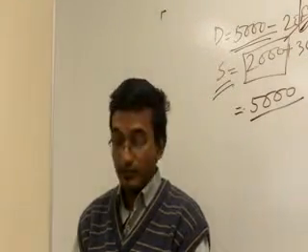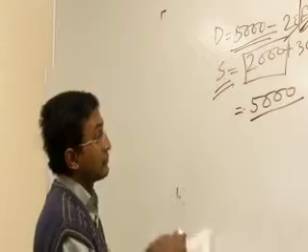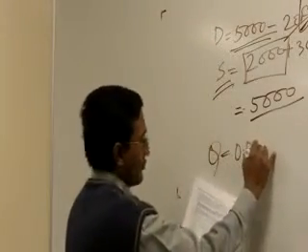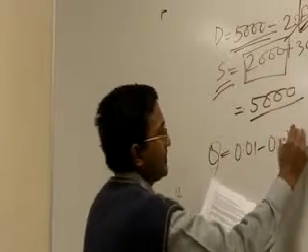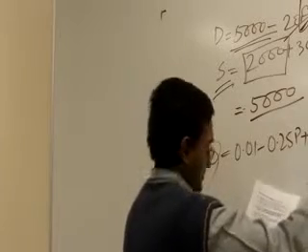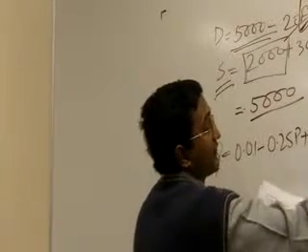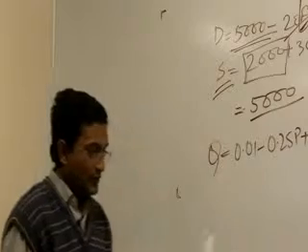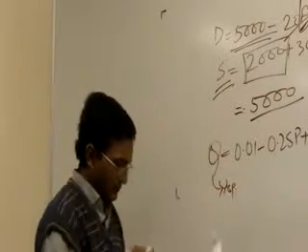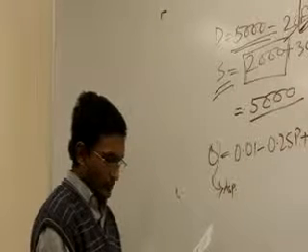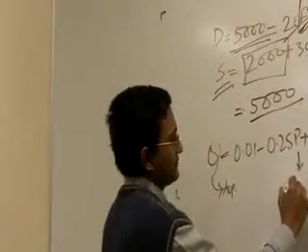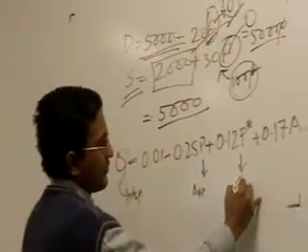Look at the demand equation, that is Q = 0.01 minus 0.25 P plus 0.12 P star plus 0.17 A. Here Q is the quantity of aspirin, P is the price of aspirin, and P star is the price of coffee.